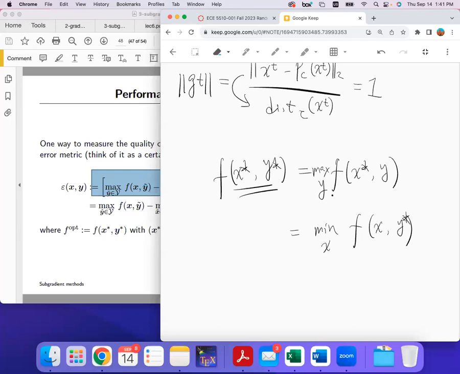This is an equilibrium point, meaning that if you fix x star, then y star is the best response to x star, and by symmetry, y star is also the best response to x star. So we use this one to measure the optimality about x.